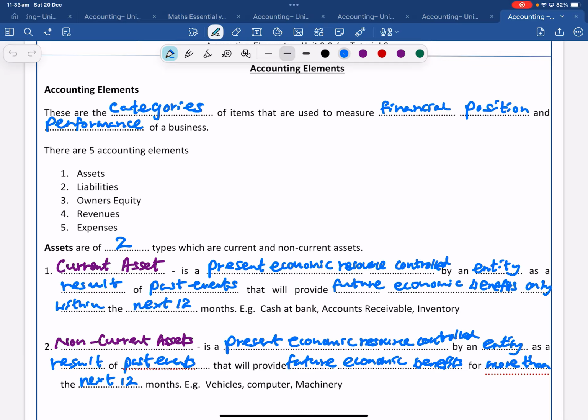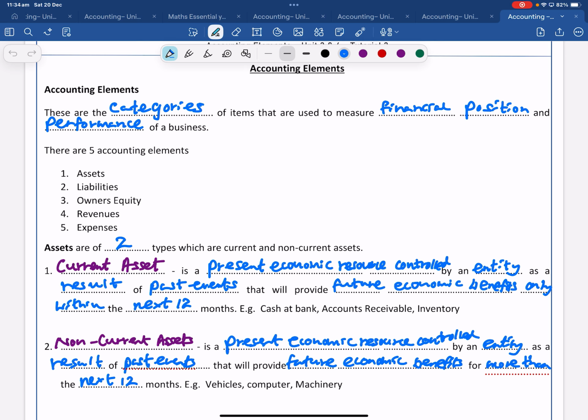Assets are the ones that we can easily experience or see. Assets means the things that we know, resources that you own, mainly in a business.